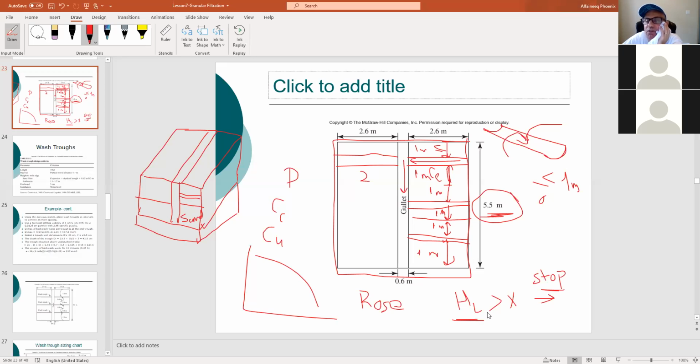Well, the head loss is gonna increase as it is clogged. As clogging goes more and more, head loss is gonna be more. Makes sense, right? So head loss is some kind of indicator for you that clogging is not acceptable anymore. Some people work with filters and backwash and clean them using the head loss indicator. Some just look at the water itself. Is it dirty now or is it clear?